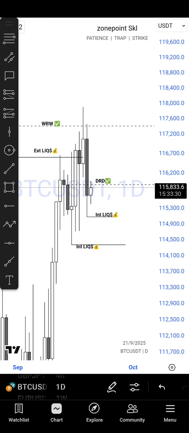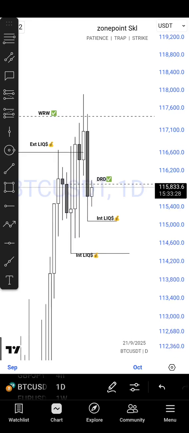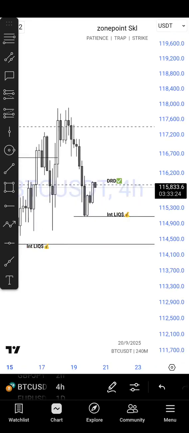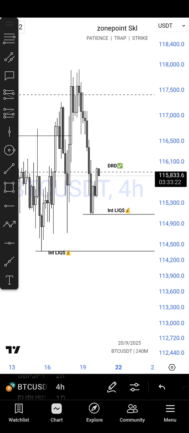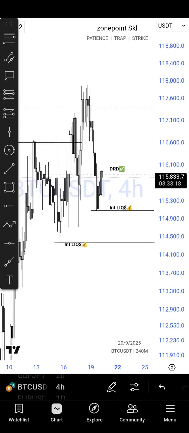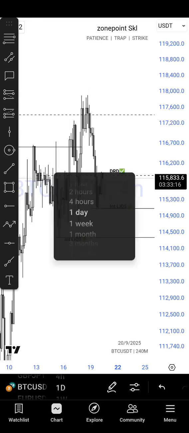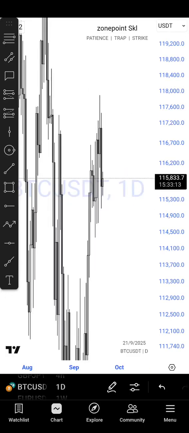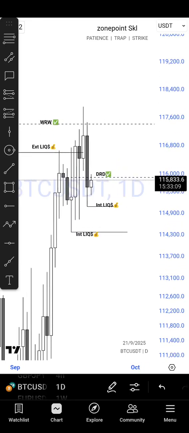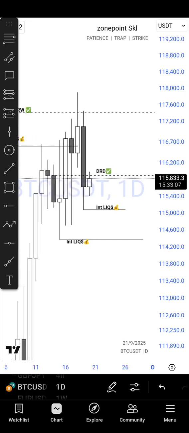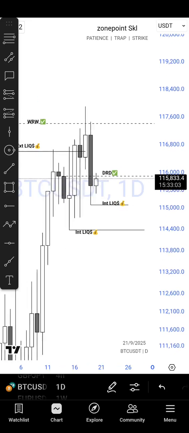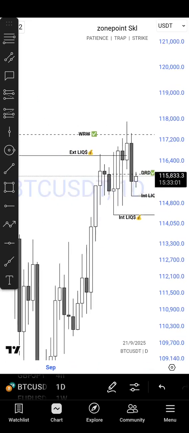So now I'm seeing a clearer trade here. Daily is already rejecting daily, and I have this internal key level. So what will I do? I'll go to 4 hours. On my daily, I'm already seeing daily rejecting daily, because this candle is closing below it.